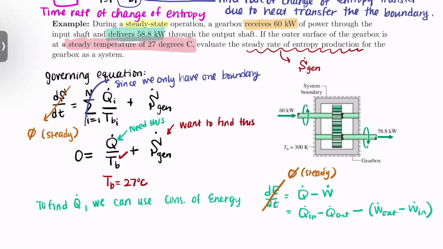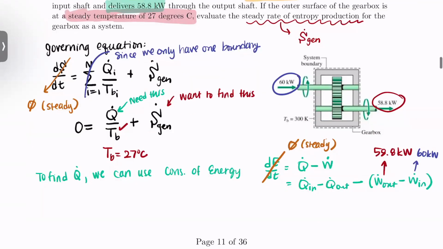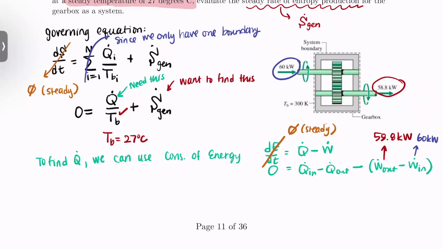The work coming out is 58.8 kilowatts, and the work coming in is 60 kilowatts. And we can solve then for Q dot. I didn't really need to expand Q dot as Q in minus Q out, so I'm going to keep it as Q dot.